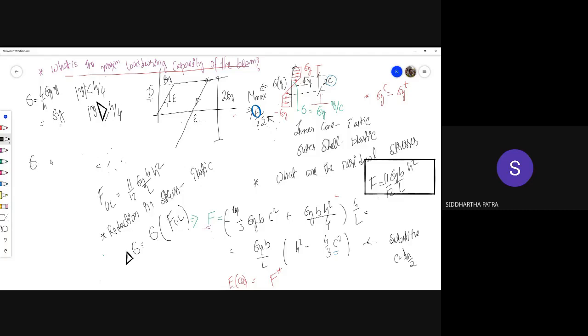The more generalized expression should be sigma y times y by c, and sigma y for this less than c and this greater than equals c. Okay. Now arbitrary core dimension. Here I have just chosen that this c becomes h by 4. But for an arbitrary value of c, this is the expression. Don't just make this as the generalized expression. This is the generalized expression.